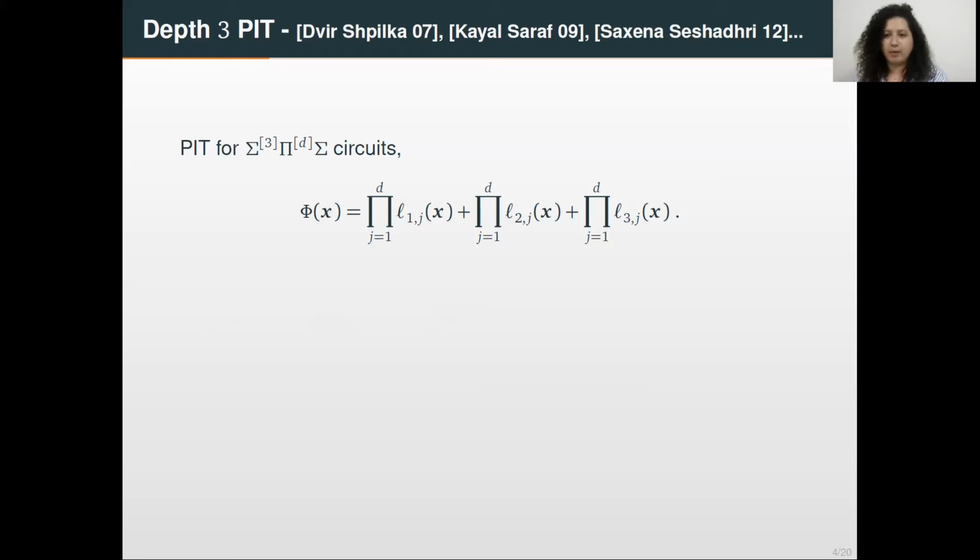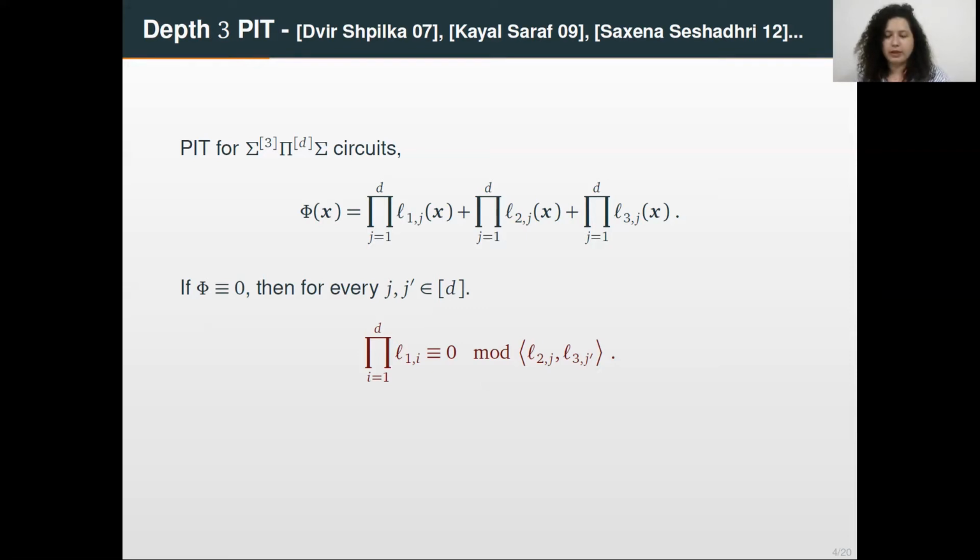Each of them is a product of polynomials. Those polynomials have total degree at most 1 because the bottom layer is only a sum gate. So the output of the circuit, again, can be represented as 3 summands of products of polynomials of total degree at most 1, or affine polynomials. Now, if we assume that the output of the circuit is the 0 polynomial, then for every evaluation point, our polynomial will output 0.